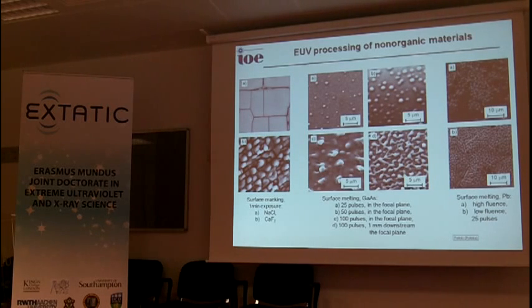Our result is of course not to be published in Nature. But anyway, you see that with quite low fluence, low flux of EUV photons, we are able to melt the surface.